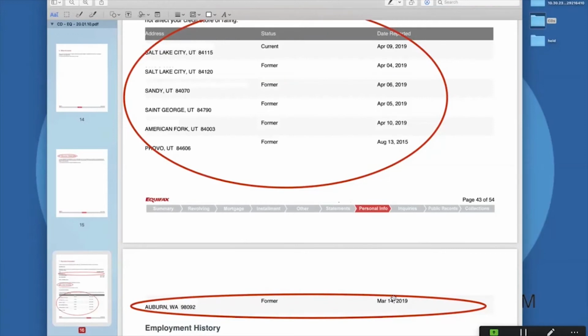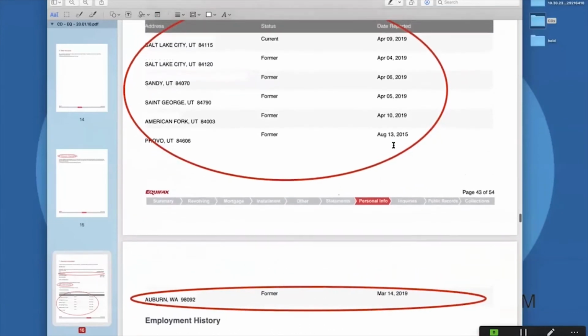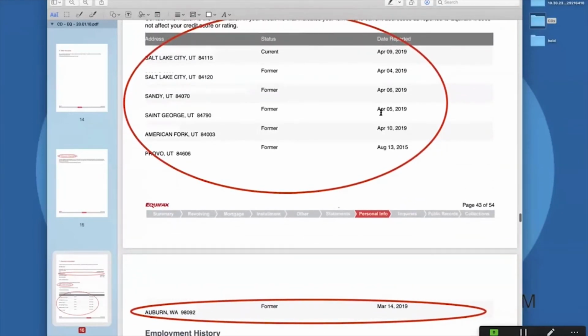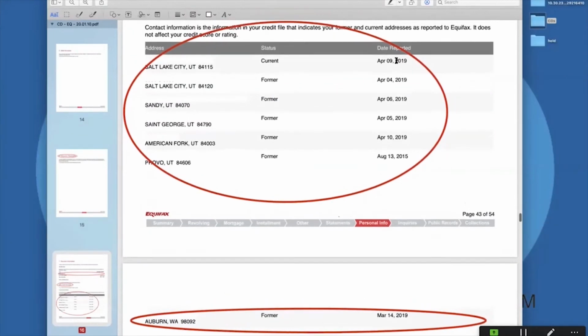So notice 2019, then it goes back in time to 2015. Then it jumps ahead in time, and then back in time, ahead in time, back in time. And every one of these addresses are saying that this is the most recent reporting date for all those addresses. Guys, a lender, a human being lender, is going to have to sort through this.